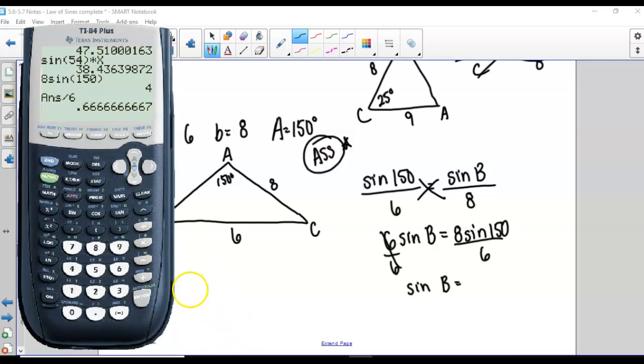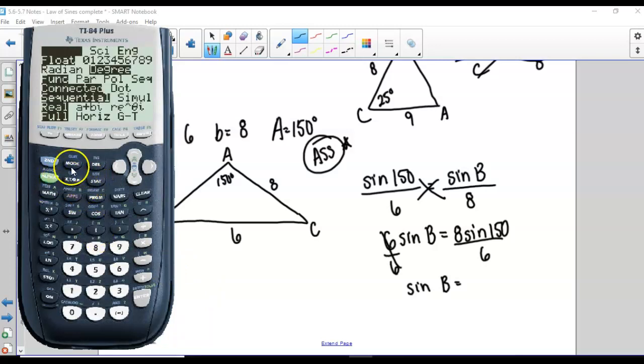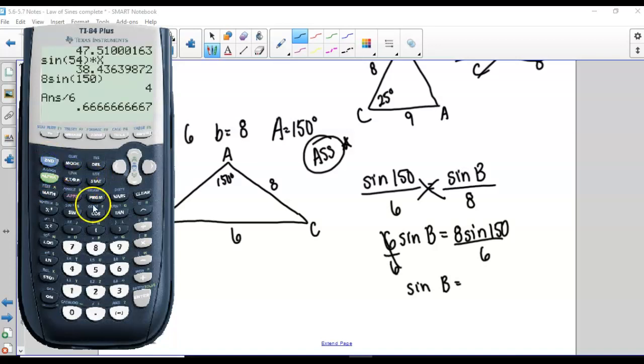I set everything up right. 8 times, so let me check my mode. I'm in degree mode. 8 sine 150.